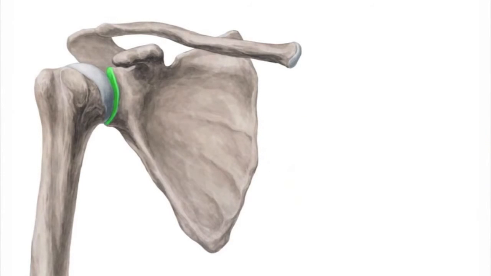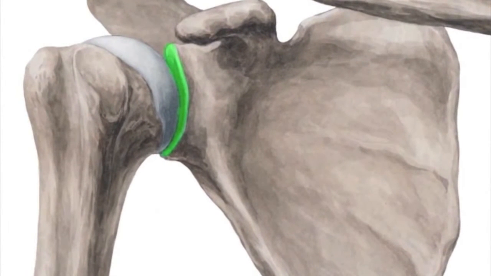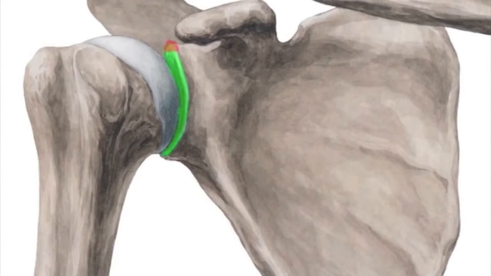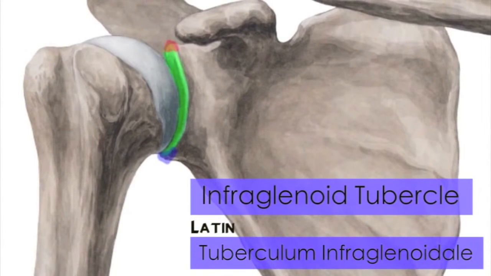Now the other structure that you're going to find here is a small projection at the upper border of the glenoid cavity. This is known as the supraglenoid tubercle. And then below the glenoid cavity, you're also going to find another tubercle known as the infraglenoid tubercle.